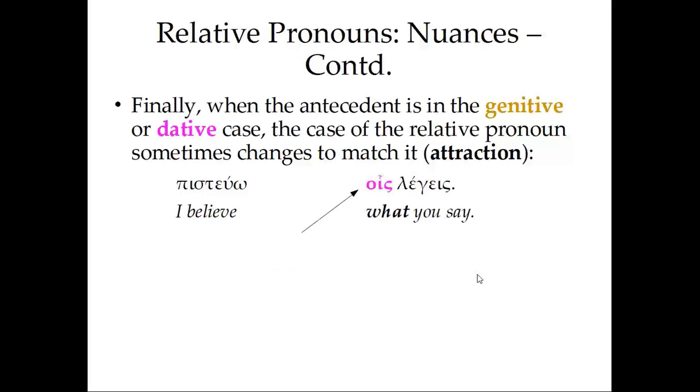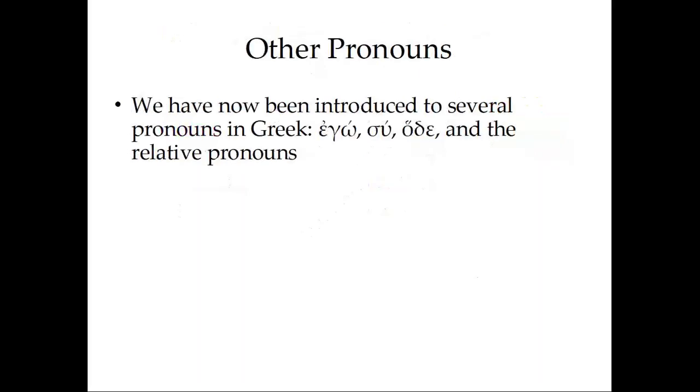So it is actually going to change to dative neuter plural. So not pisteo ha leges, but pisteo hois leges. I believe what you say. I believe the things you say. This is an interesting phenomenon. It's very common in Greek. We're only going to see it so much in the readings related to this grammar presentation.